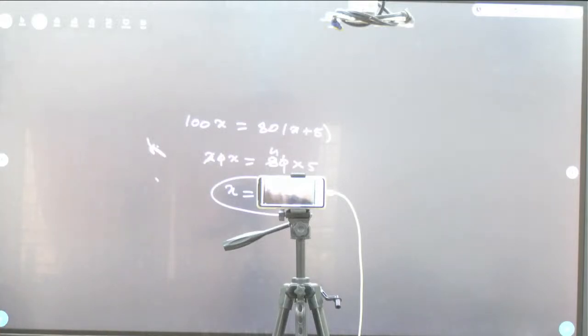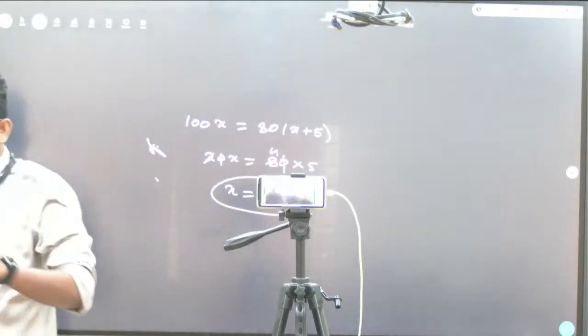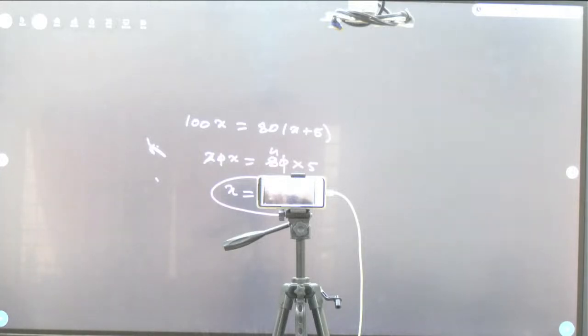Next, two numbers are 35% and 50% lesser than a third number.